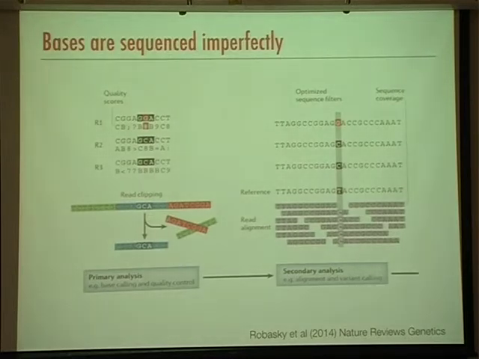But for instance, if you're working in humans, you have a number of sites that you're fairly certain are monomorphic, or sites that they know from genotyping arrays are homozygous, and then people look at reads that are clearly in error because they have a difference, and ask what's the quality score associated with that base pair, and do you see errors at those reads at the rate that you would expect from the given quality scores.